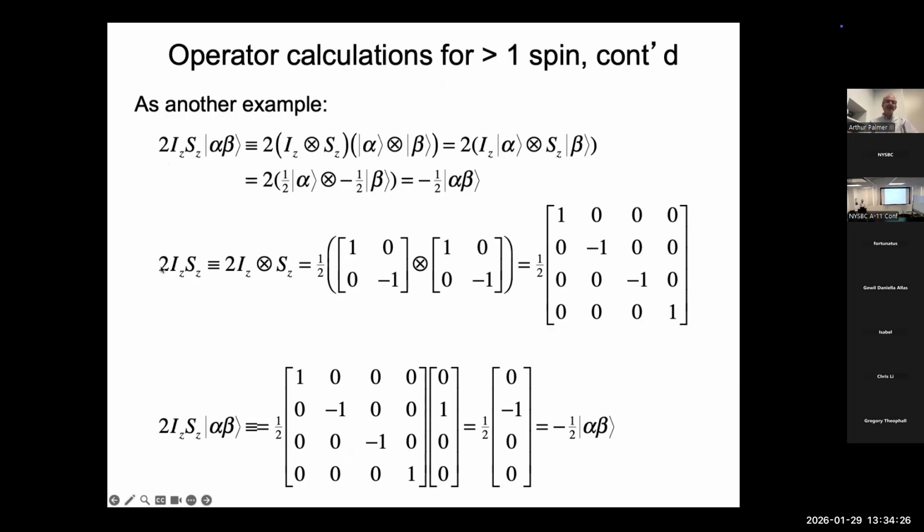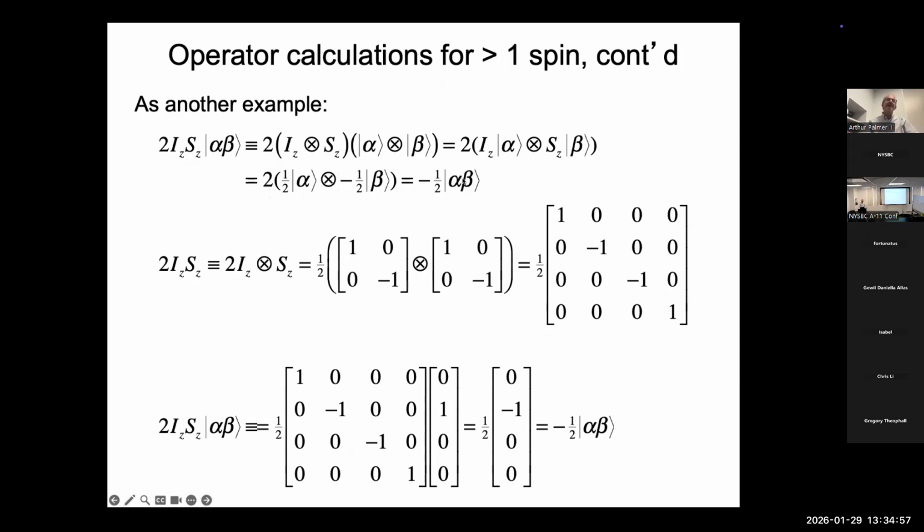Or I could say what I really mean is that I'm going to take IZ operating on the alpha state, SZ operating on the beta state. I have this normalization factor of a 2 that went in there just to make everything have the same norm. So I have 2/2 alpha, direct product with -1/2 beta. We should have a parenthesis here.